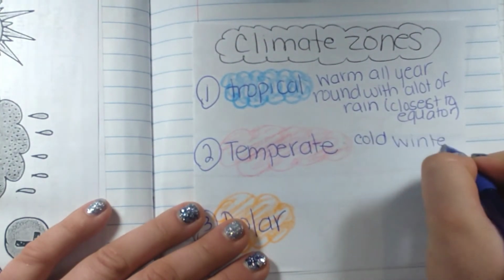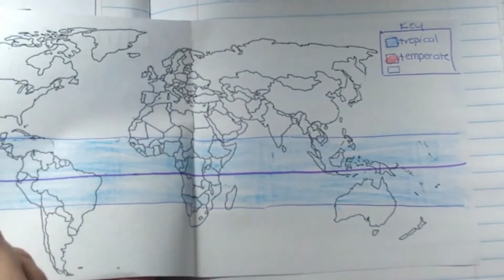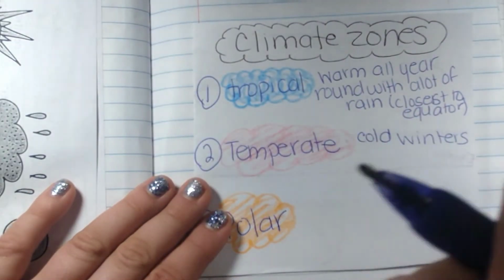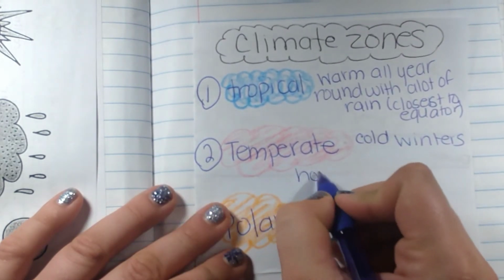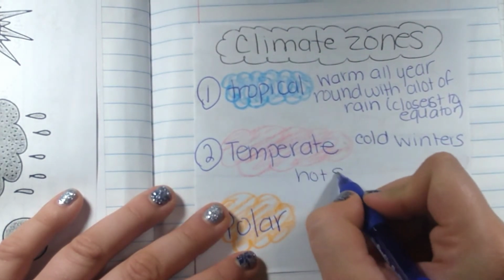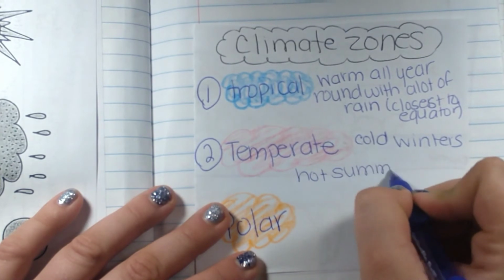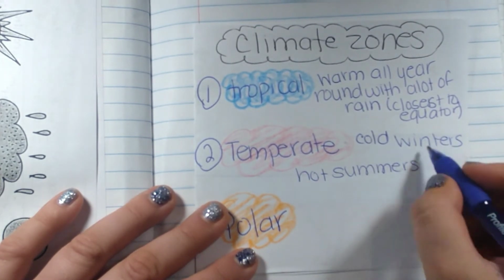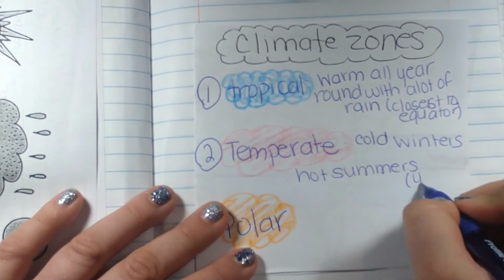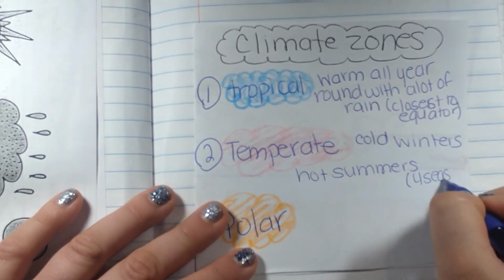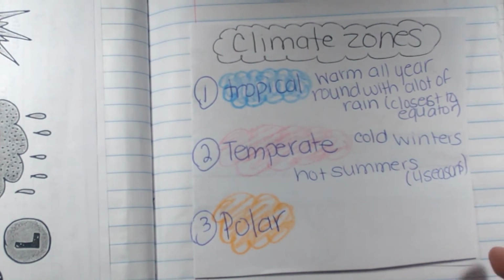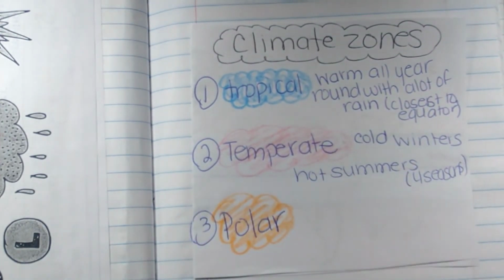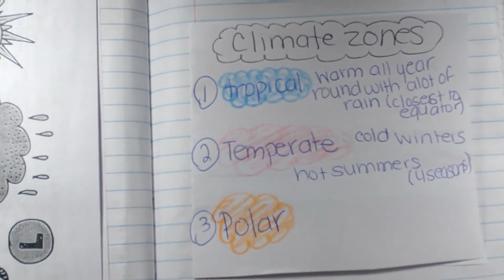So basically when you think about America and how they have hot summers, but they have cold winters, they have snow, that is temperate. Florida is subtropical, so we are almost to tropical, but temperate is pretty much the majority of America.